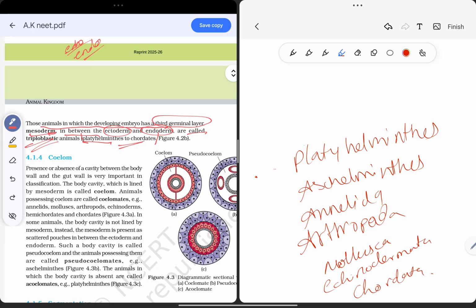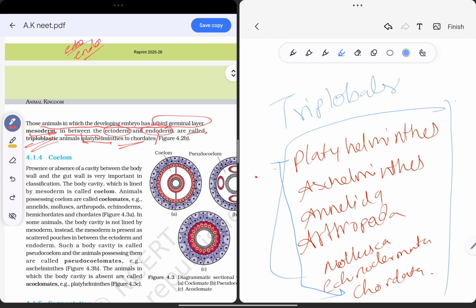So what he's saying is that from platyhelminthes to the chordates, all these belong to the triploblastic, meaning they have the three germinal layers: ectoderm, mesoderm in the middle, and the endoderm. 1, 2, 3, 4, 5, 6, 7, all these 7 phyla.